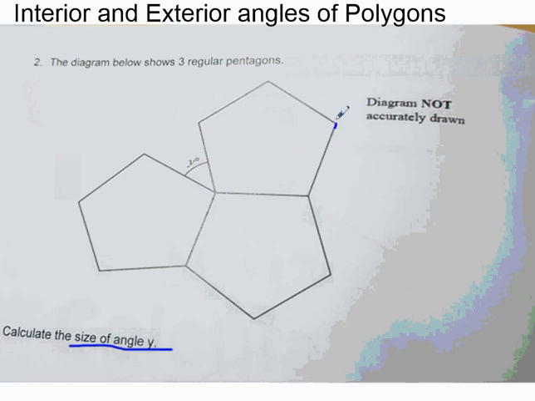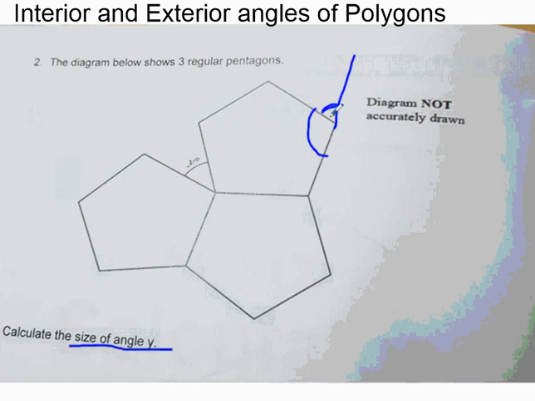If I was to extend this line here, this angle here becomes the exterior angle of this pentagon here, and obviously the inside here is the interior angle. Now if you were to walk all around this polygon, it's like you're moving in a circle, and we know angles around a point add up to 360 degrees.